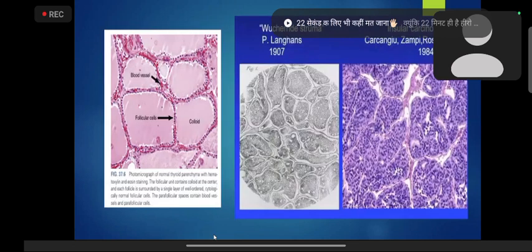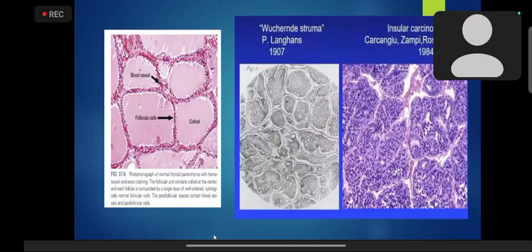This is the normal picture of thyroid cells, in which we can see follicular cells along with blood vessels, some parafollicular cells, and colloid filled in between. And this is Wuchernde Struma, a term given by Langhans in 1907, which shows follicular cells along with a fibrovascular stromal pattern.